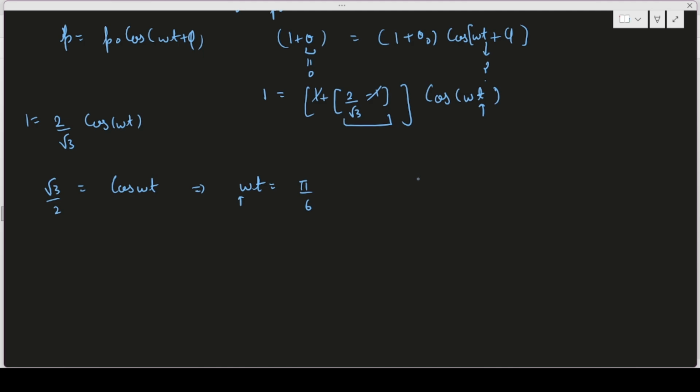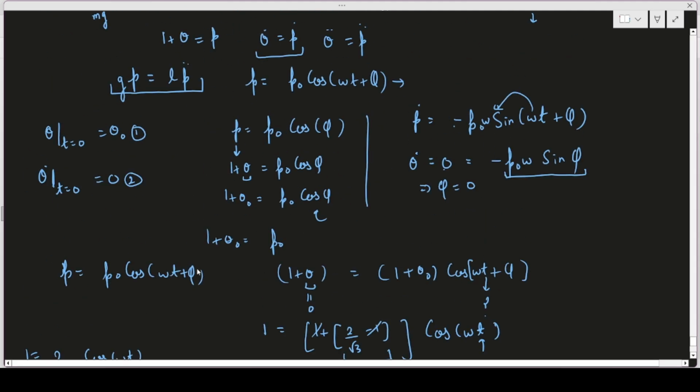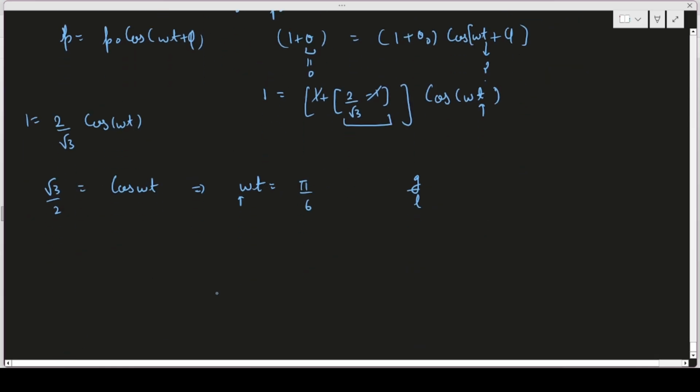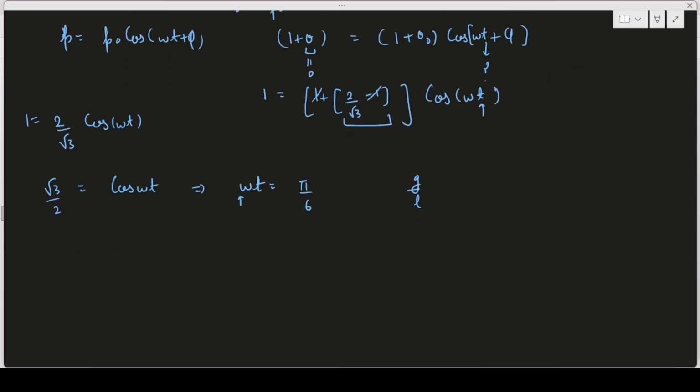From this equation, we can say that omega will be equal to under root g by L. So under root g by L into t equal to pi by 6. So t will be equal to pi by 6 into under root L by g. So this is our answer.